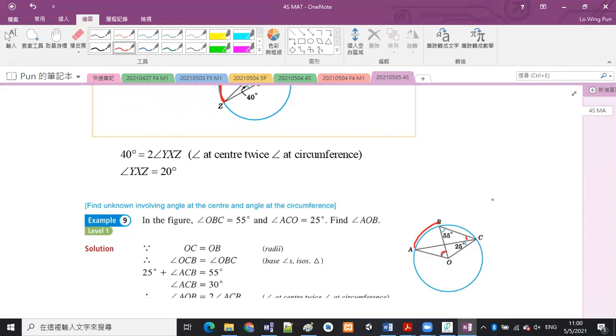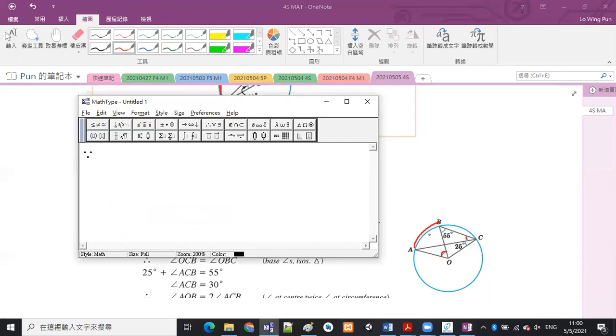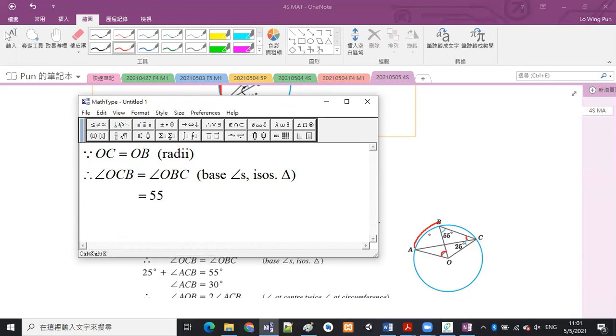So we do this first because OC is equal to OB and they are the radii. Therefore, we can have angle OCB equals angle OBC. This is base angles isosceles triangle. And they are both equal to 55 degrees.